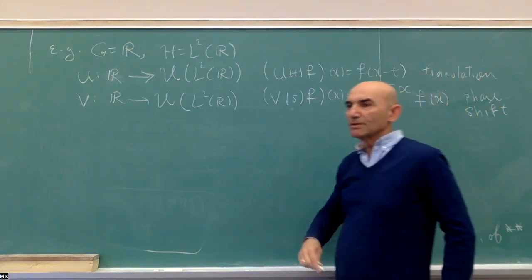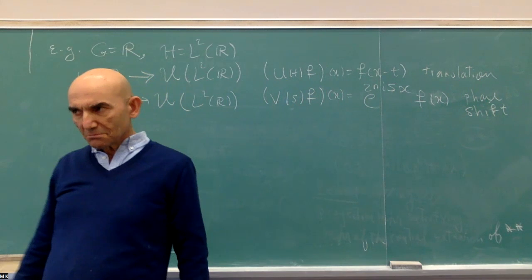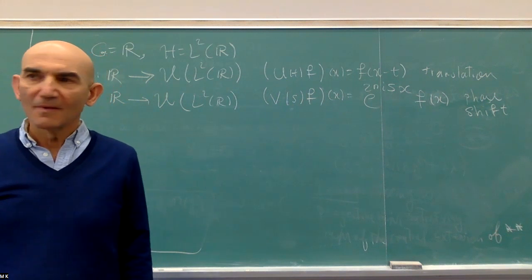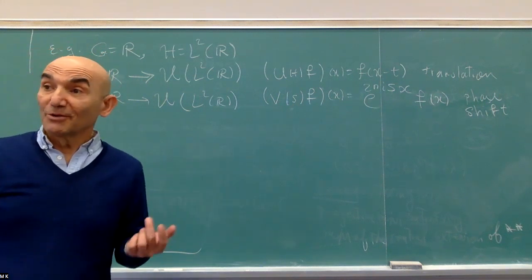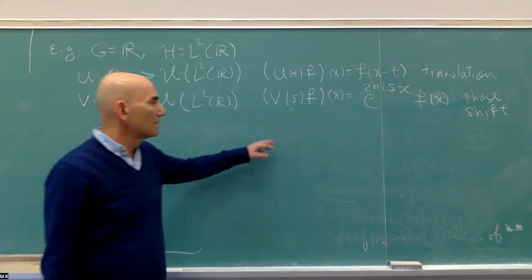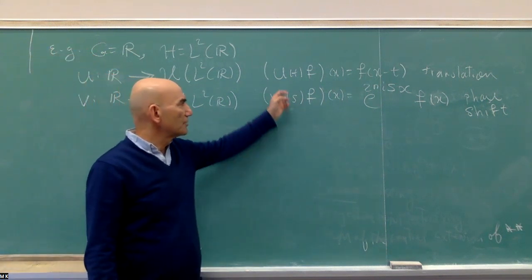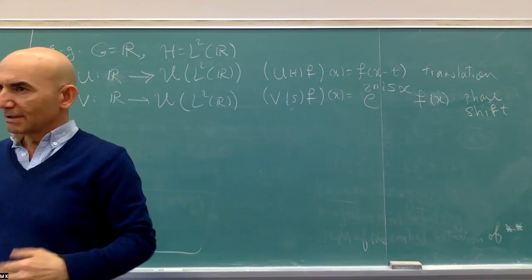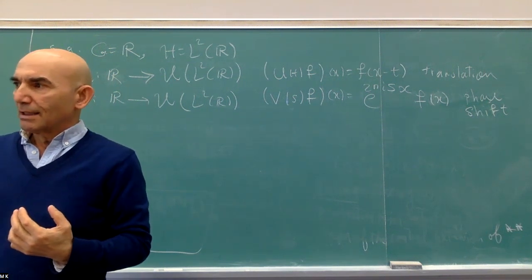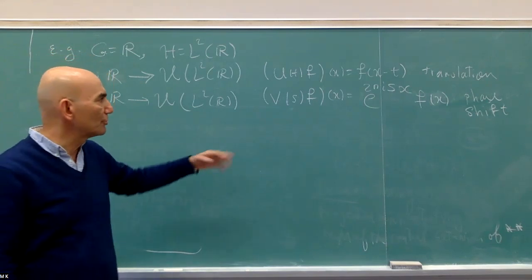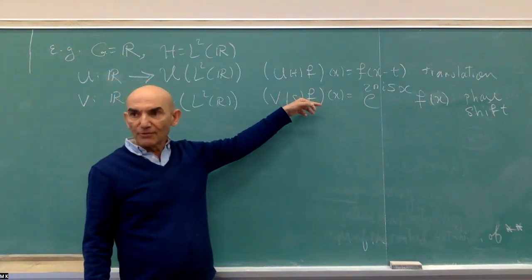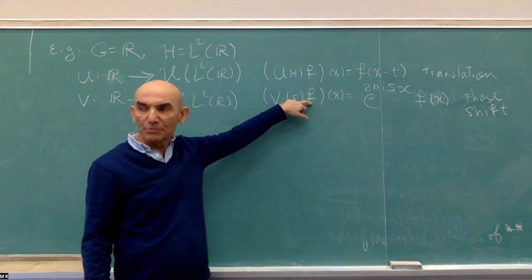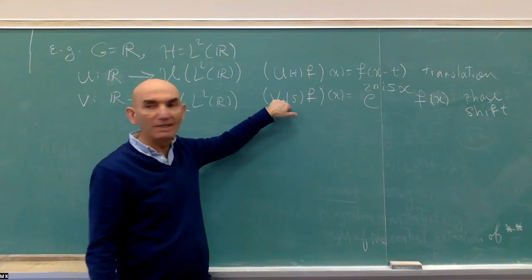Do you know what is the relation between them? I will write down the commutation relation, but what is the nature of this V? Its relation to U? The Fourier transform. Yes, if you go to Fourier transform of F and want to know how this has to be done in the Fourier mode, you have to use this.